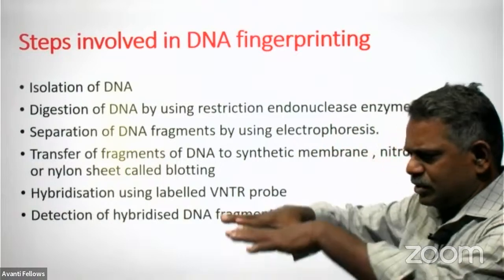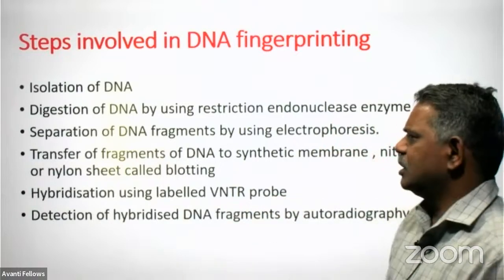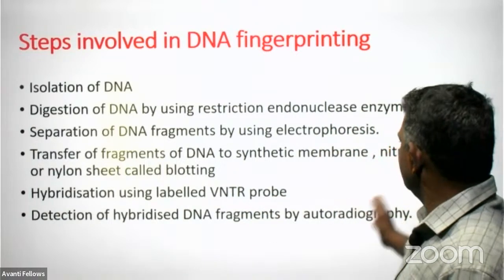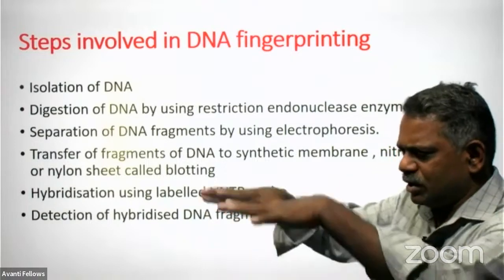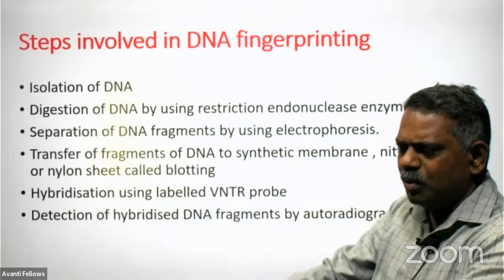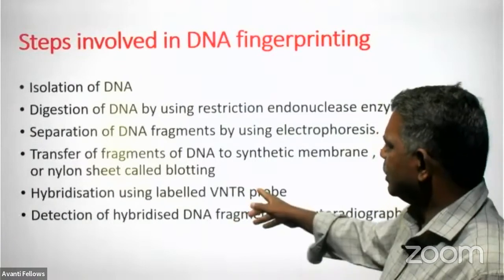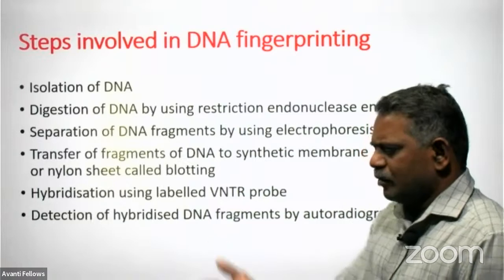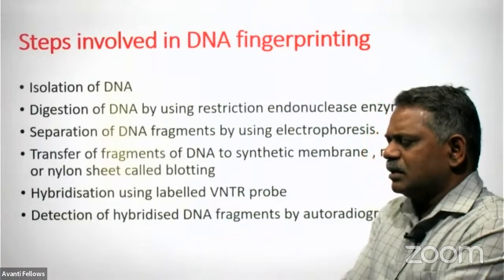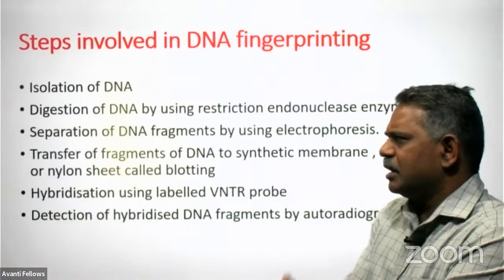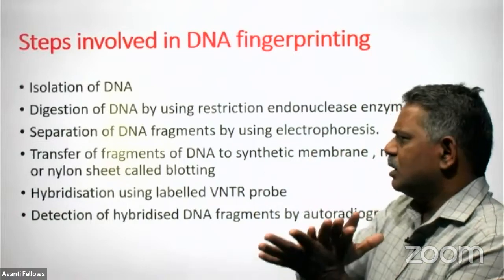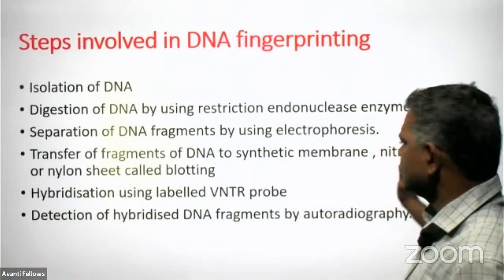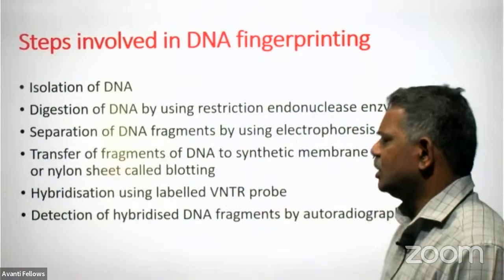Then we press a nylon sheet, or we can use a nitrocellulose sheet, on the gel and just blot it. That is what we call the blotting process, just pressing it gently. So the separated single-stranded DNA from the gel sticks to the nitrocellulose or nylon sheet.